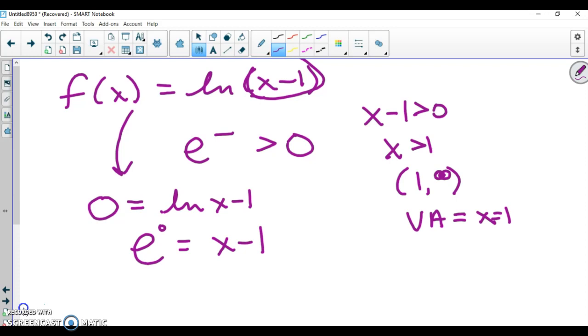We know e to the 0 to just be 1. Where is 1 equal to x minus 1? We know, adding 1 to both sides, x is equal to 2. And so we have an x-intercept at (2, 0). So we can start to use these points and these characteristics of our graph to start to sketch.